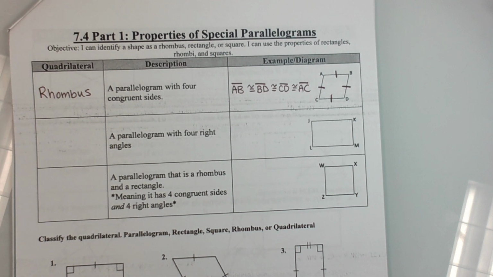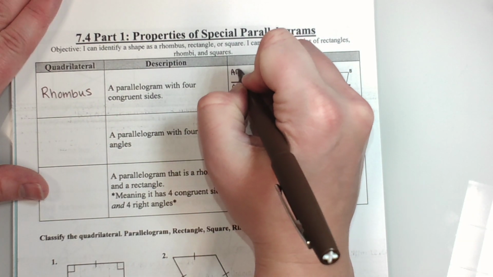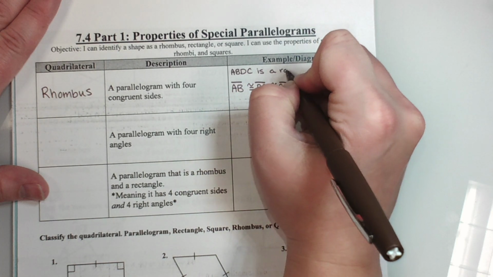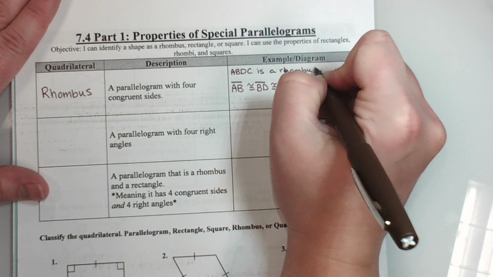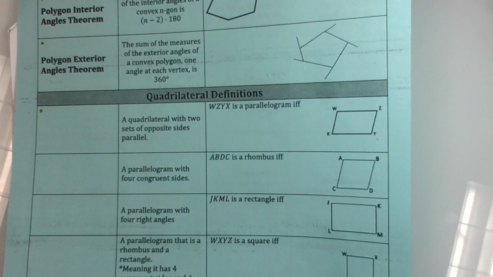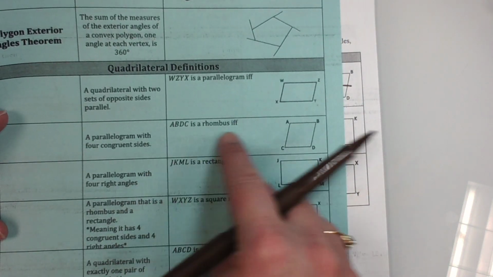That's what makes it a rhombus, is all 4 of those sides are congruent. I should have probably written a little bit more above that, but we're just going to go with ABDC as a rhombus. On your postulate sheet, it starts off with telling you it is a rhombus if and only if. That way you can just write out the congruencies.